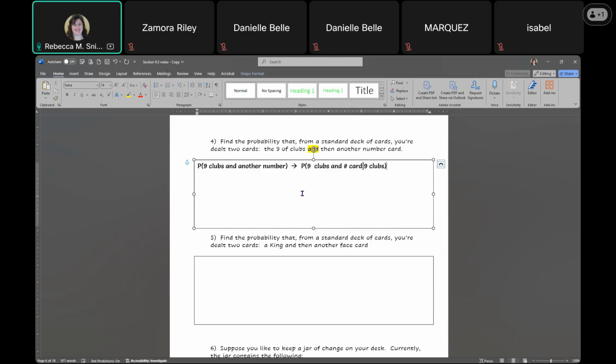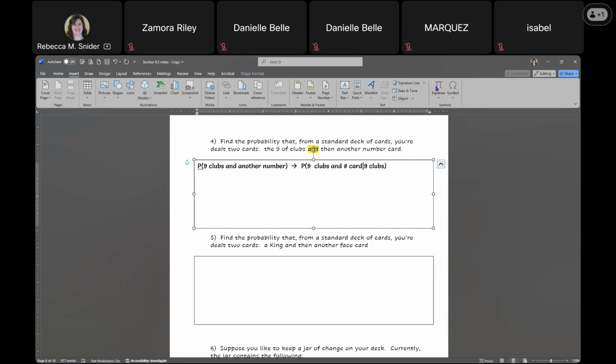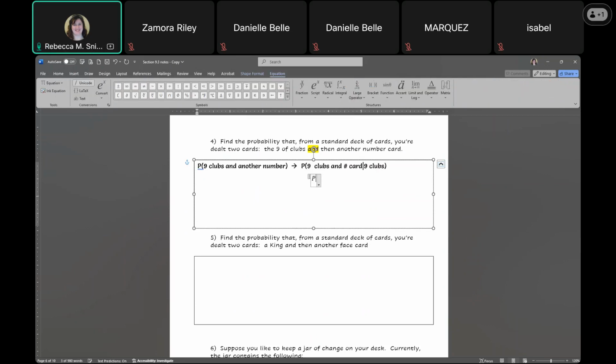Okay. So we have to look at how this is going to be set up. The first thing we need to know is the probability of getting the 9 of clubs. Well, I only have one 9 of clubs in my deck and 52 cards that I'm choosing from. The second piece is I have to have my condition. This is a number card, given that we already did the 9 of clubs.